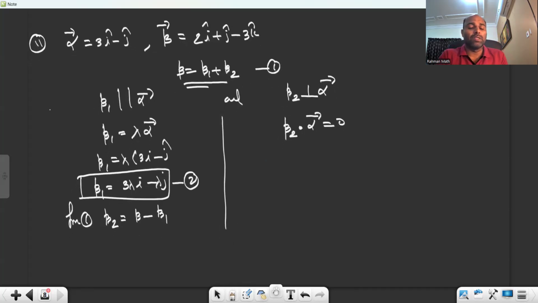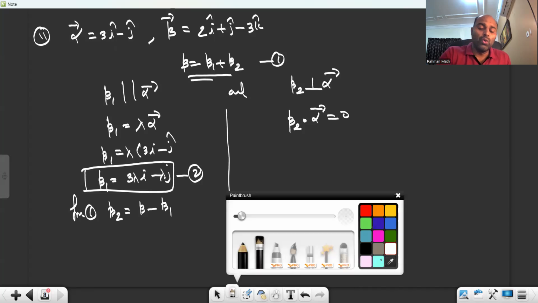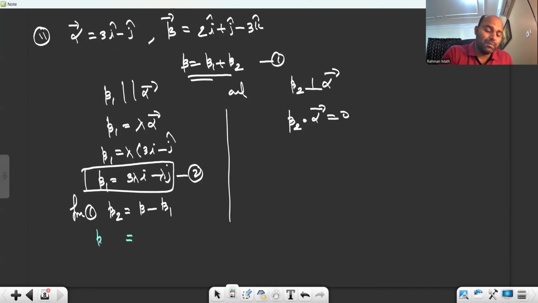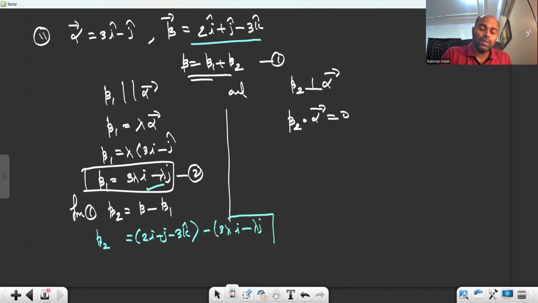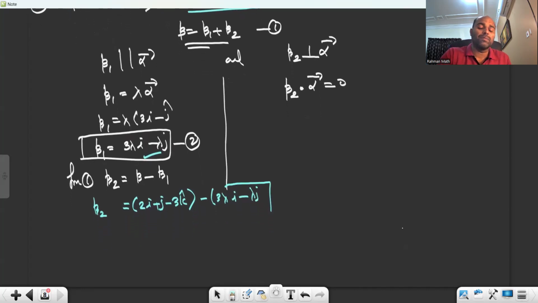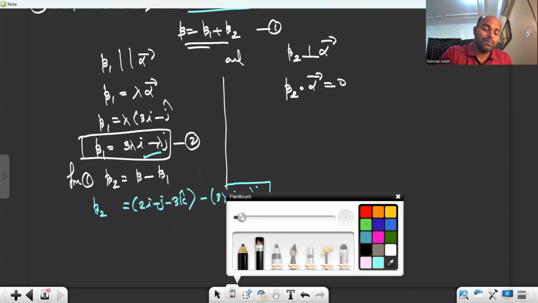Beta already we have 2i plus j minus 3k, and beta 1 just now we found, 3 lambda i minus lambda j. Simplify.